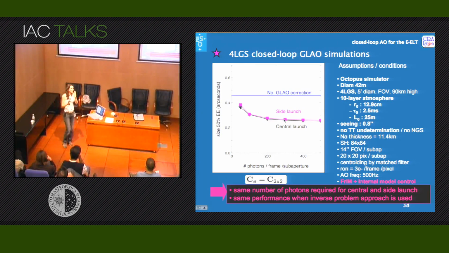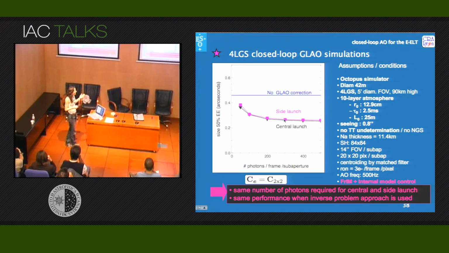So it's really the way we have done this approach, modeling well the noise statistics, which really allowed us to say side launching of the telescopes is a good thing for the European ELT. Of course, it's not a complete study. There are other effects of side launching and central launch, but it's a major point.